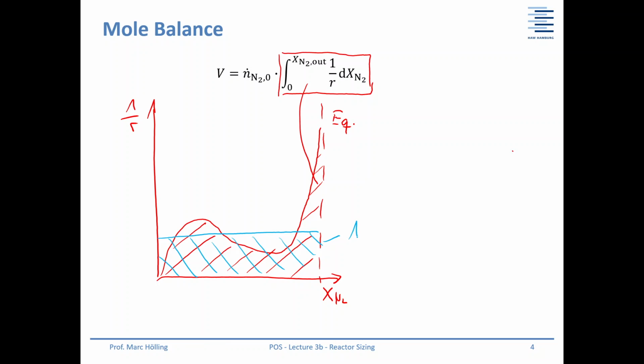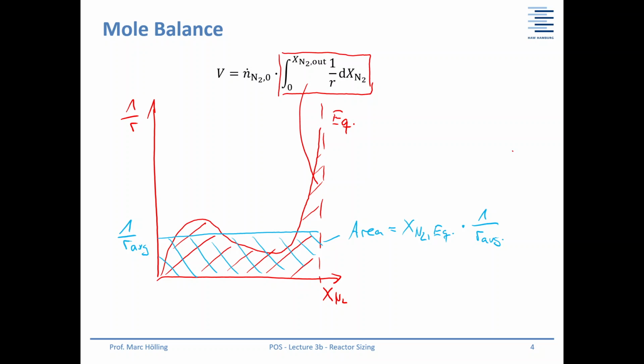So this would be the area here. This would be our X equilibrium, or our outlet conversion, times 1 over r average.